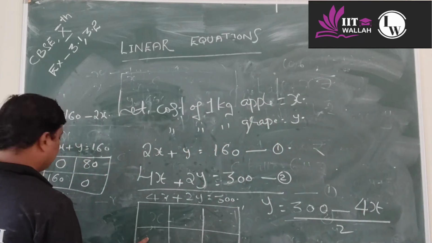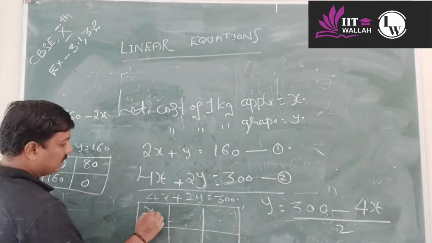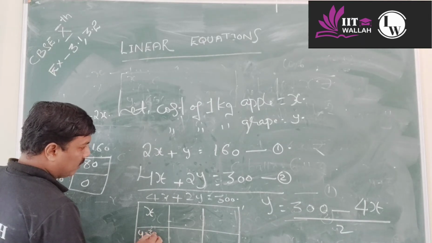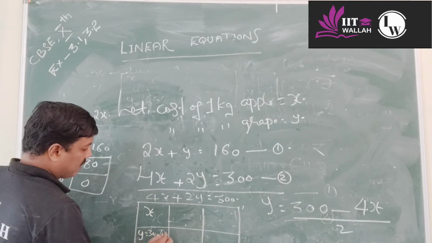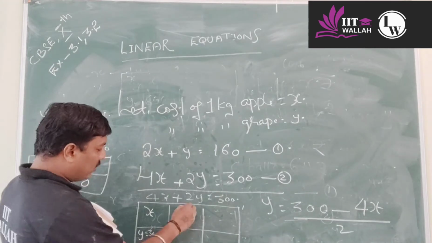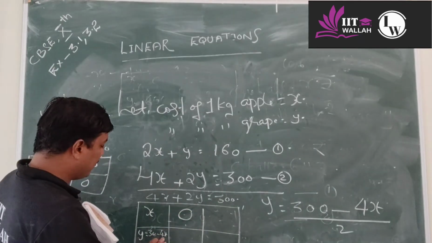That you can write here. So this is x, this is y, which is equal to 300 minus 4x upon 2. Here also you can write y is equal to 160 minus 2x. Now take x equal to 0.